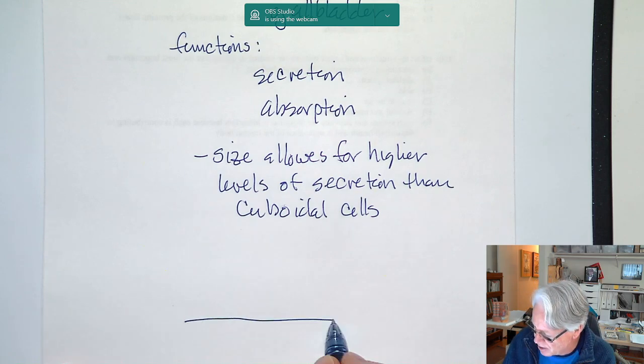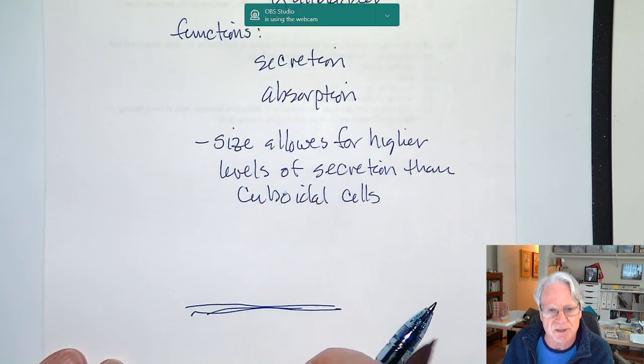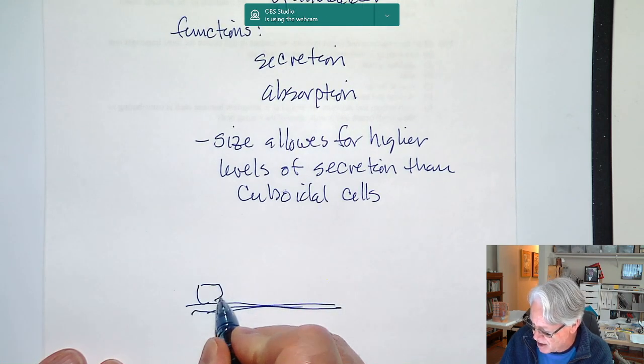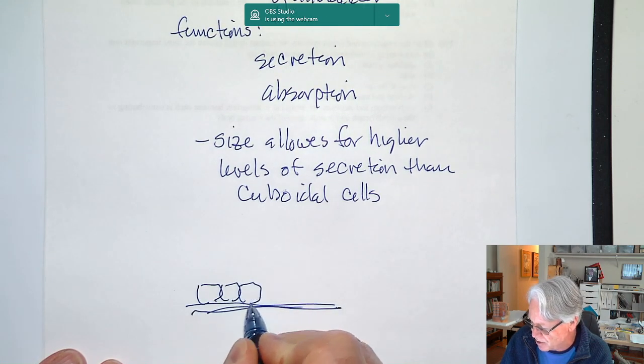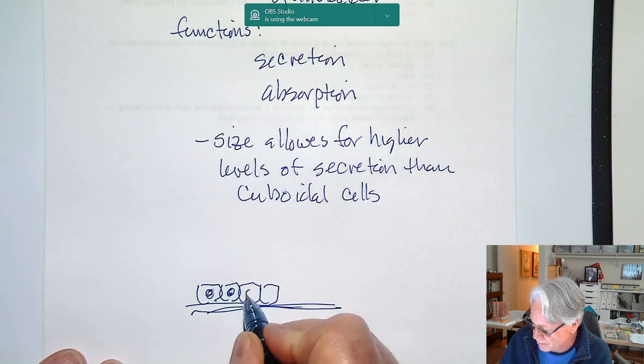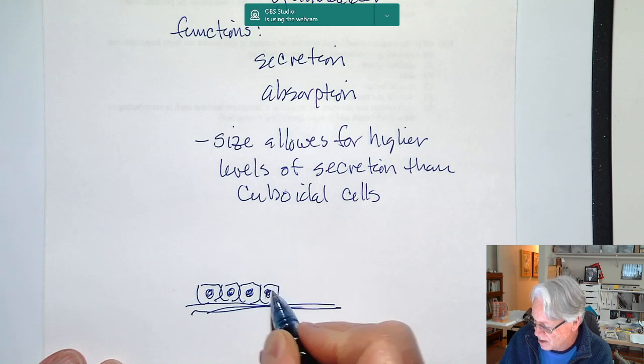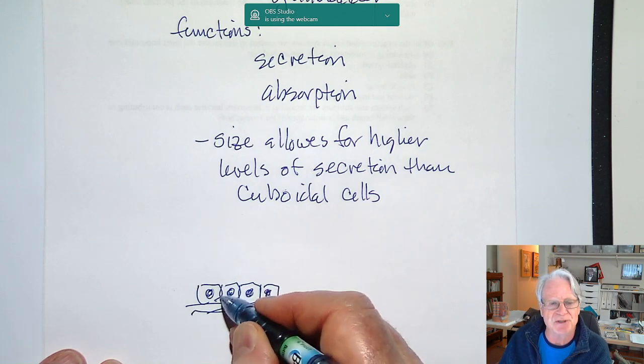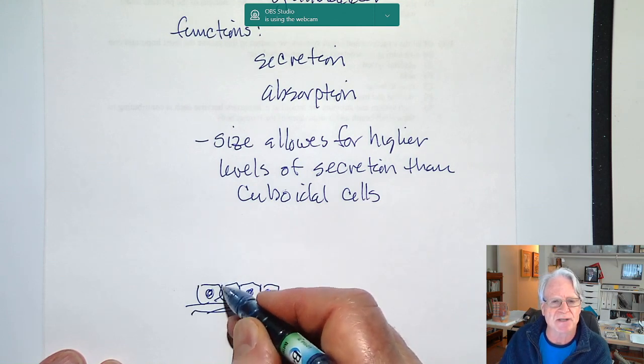So let's do a simple drawing to illustrate this. If I have a series of cuboidal shaped cells here, I have a relatively small surface area to form that watertight seal.